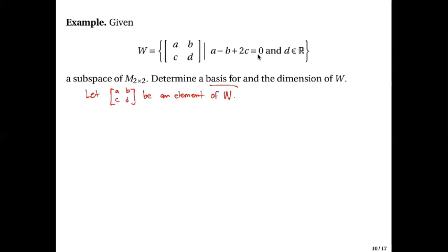Okay? Then you have A minus 2B plus, A minus B plus 2C. This must be equal to 0, and your D is any real number. Or from this, you can write A equals B minus 2C.